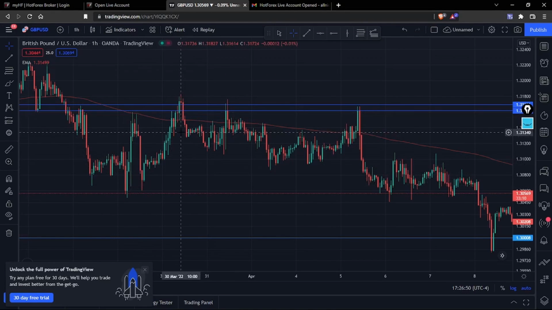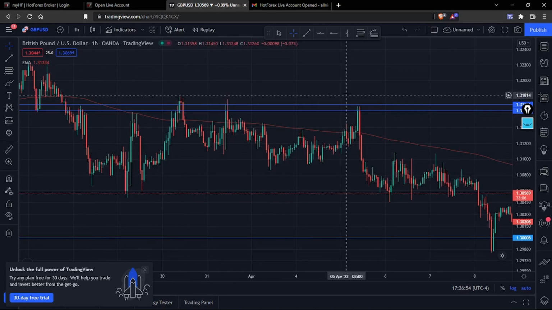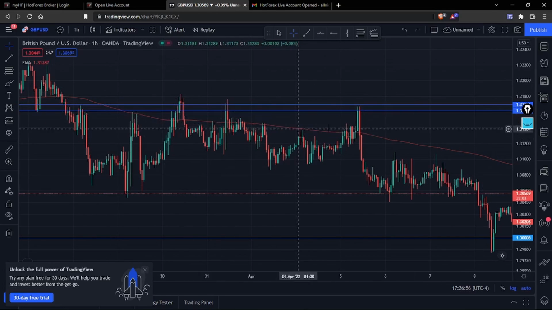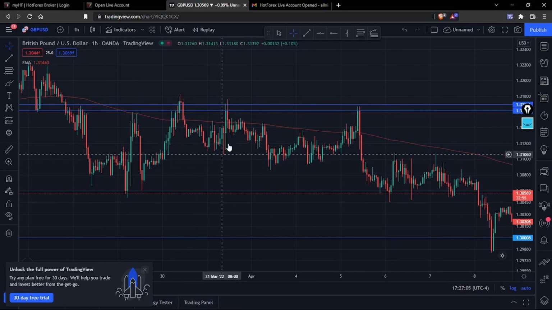So here we have an example of a reversal. Every time the price approached this resistance zone, the candles would be large, but you would generally have a lot of wicks at that area, and then price would fall back down. Here is another example.